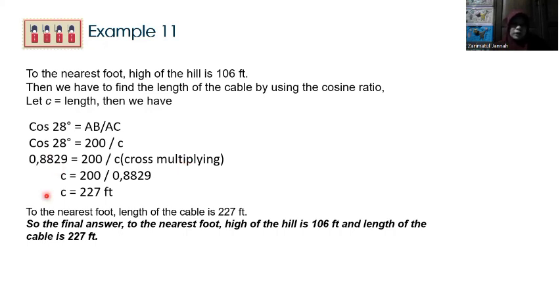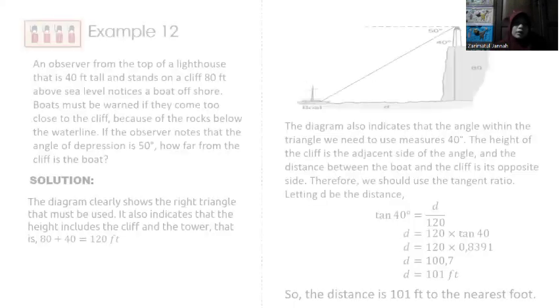We cross multiply, we get C equals 200 per 0.883. We get C is 227 feet to the nearest foot. So the final answer to the nearest foot: the height of the hill is 106 feet, and the length of the cable is 227 feet.